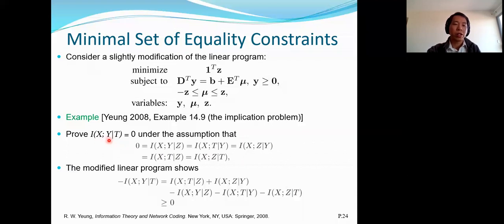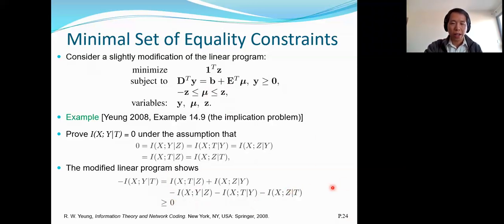So what we need to do is to prove that it is smaller than or equal to 0. Then we can get that this term must be equal to 0. In other words, we want to prove that the negative of it is larger than or equal to 0. So this is what we put into the program. Then we put these 5 constraints into the program, run this linear program, and get this proof.